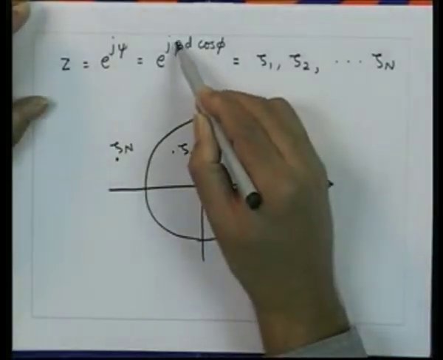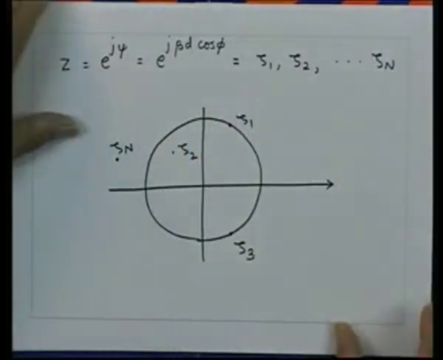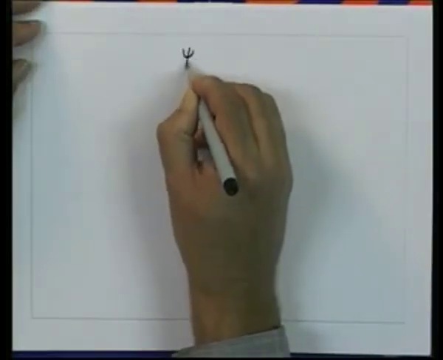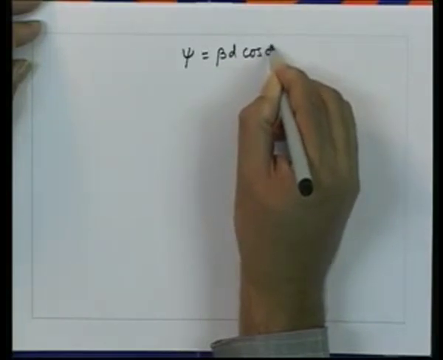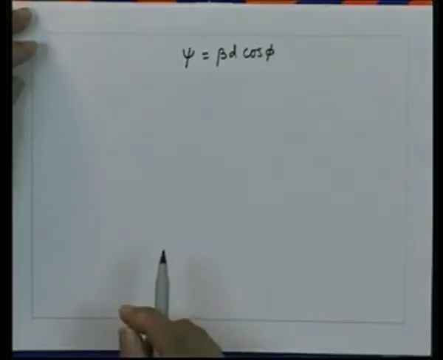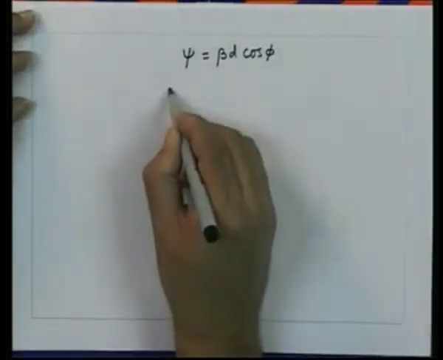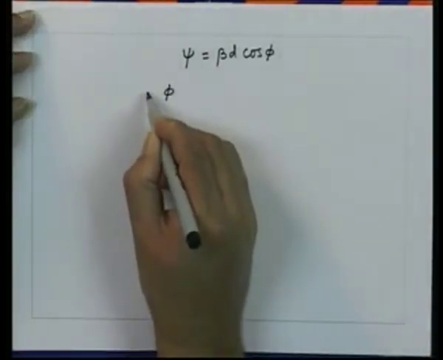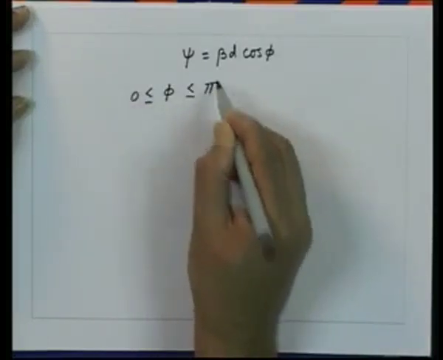Let us say we have this quantity psi which is given by beta d cosine of phi, and phi varies from 0 to pi. So the range of phi is greater than or equal to 0, less than or equal to pi.